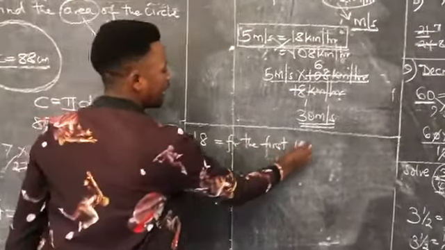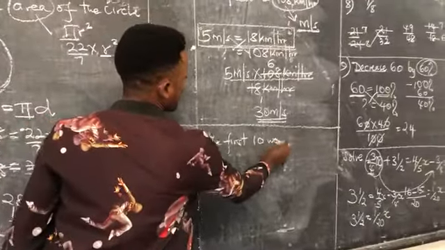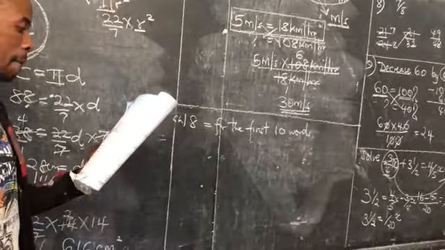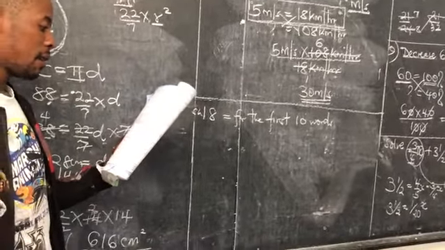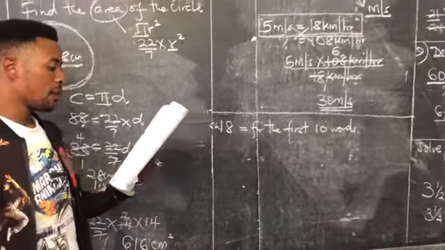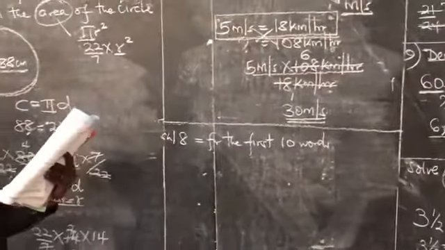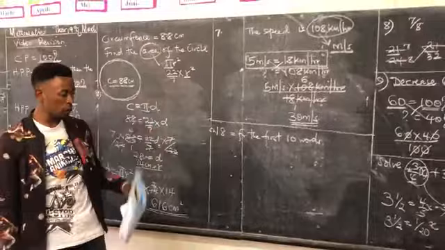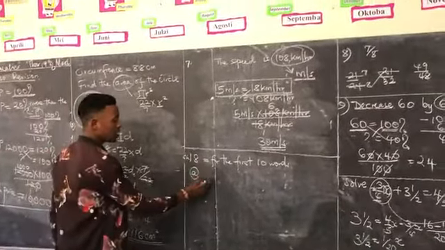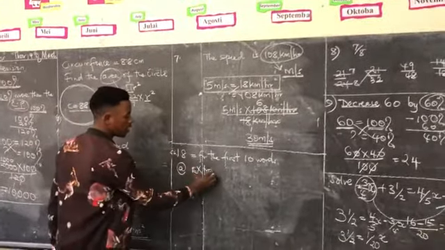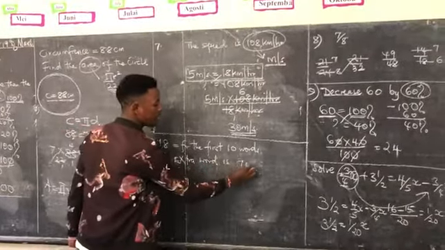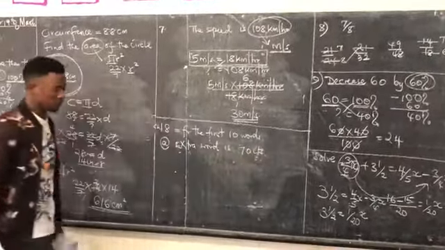Then you're told that any word after 10 words is charged 70 cents per word. Each extra word is 70 cents. That is the statement.